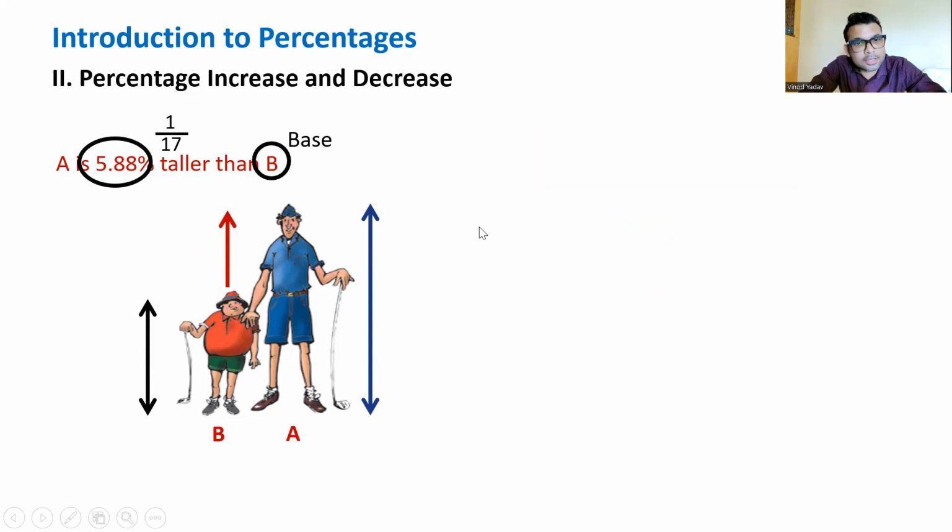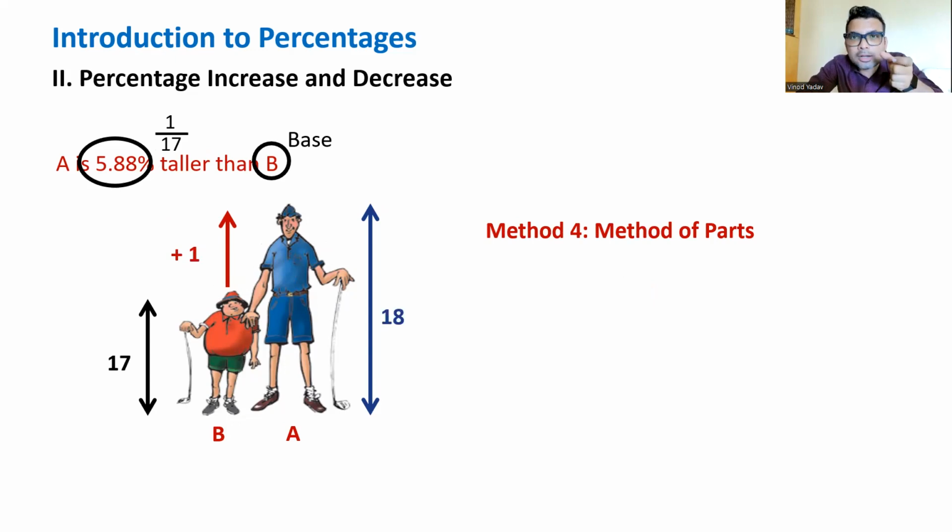And the last one is also a very, very nice method, a logical way of thinking: method of parts. 1 by 17, you just break it up. Let the base be 17. So if B's height is 17 parts, 17 units, whatever it is, A's height is 1 part more. That numerator was 1, right? So base was 17. 1 by 17 more means on every 17 parts, 1 part more.